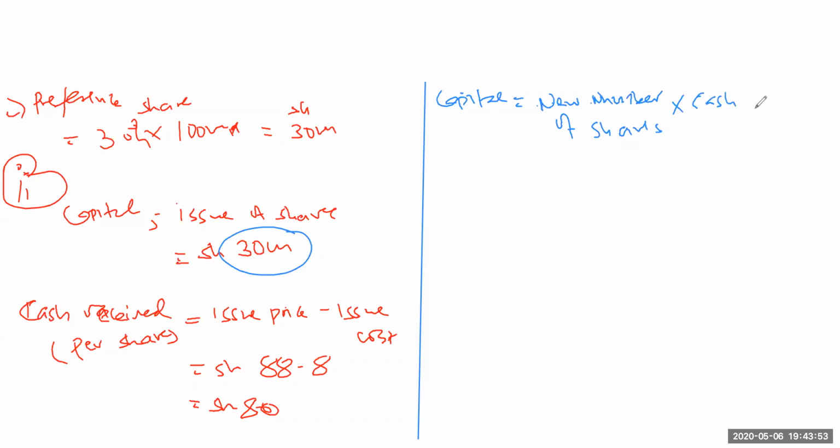Capital of 30 million is equal to the number of shares multiplied by 80. We imply therefore the number of shares will be equal to 30 million divided by 80, to give us how much? How many shares must you issue to obtain the intended capital of 30 million?